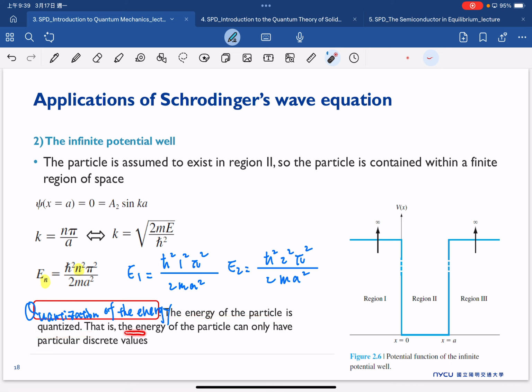Therefore, the energy of the particle can only have particular discrete values. That's the key reason why, once we consider the electron holes inside a certain barrier, we can always use a discrete energy level to express the property of these electron holes. The concept mainly comes from here, where we prove that there's a quantization of energy.